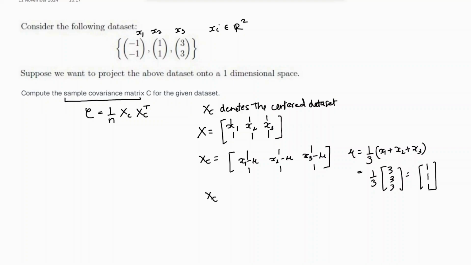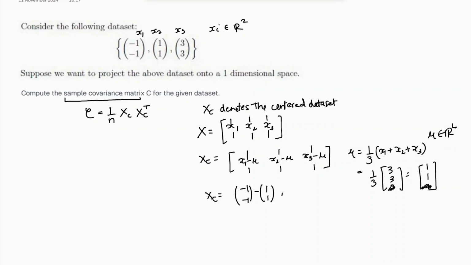So what will Xc be? Not 3, 3, 3, it should be just 3, 3. There are only two, it's in R2, right? So the mu is also a member of R2. So the first one would be minus 1, minus 1, minus 1, 1.